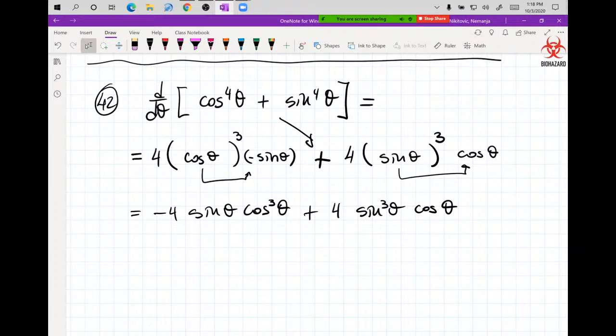And all I'm going to do now is an additional flex, to simplify this a little bit, because we can kick out 2 sine theta cosine theta from all of these. Now, why am I kicking this out?